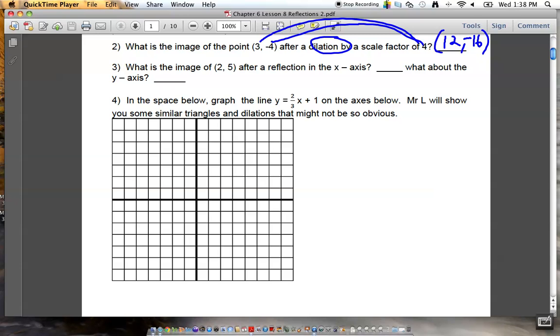The next question is, what is the image of 2, 5 after a reflection in the x-axis and the y-axis? So I'm going to go to 2, 5 right now. There's my point, 2, 5. Now, if I'm going to reflect over the x-axis, this is the word we talked a lot about in class yesterday. Reflection. Does anybody remember the 3 words you have to remember? Ethan.